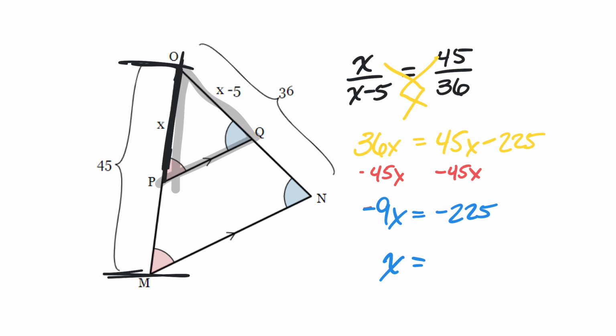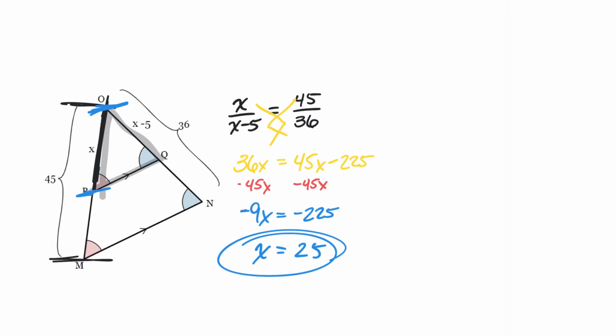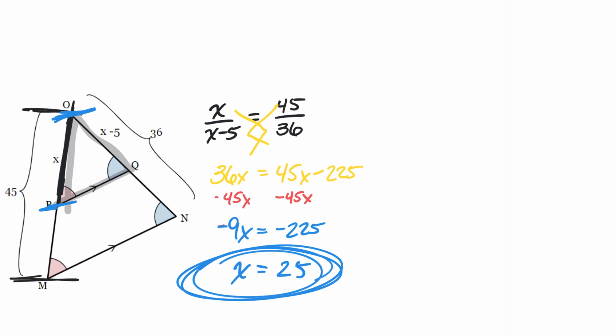Now let's go back and make sure that I actually answer the question that was being asked. The question says, find the length of PO. Well, PO was from here to here, which is a value of x, so PO is 25. So that would be all we need to do on that one.